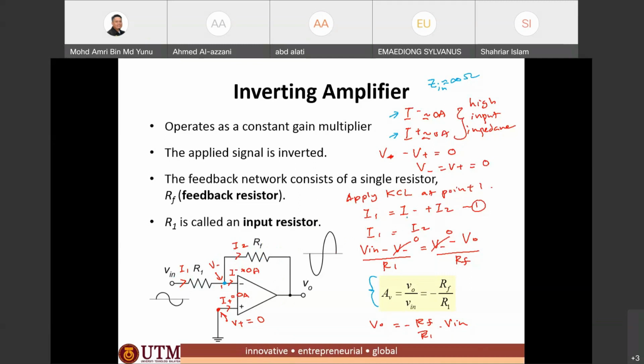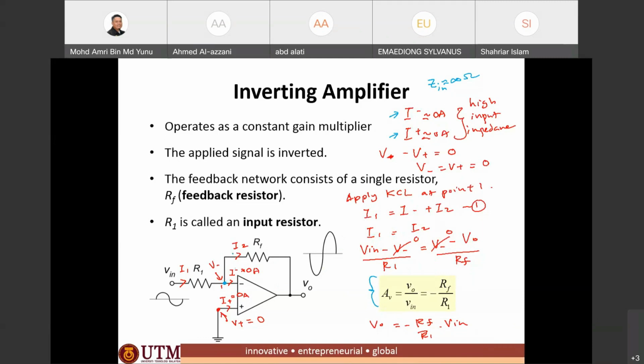We apply Kirchhoff: I1 is equivalent to I minus plus I2. Since I minus is 0, I1 equals I2. So we can write I1 as V in minus V negative over R1, and I2 as V negative minus V out over RF.